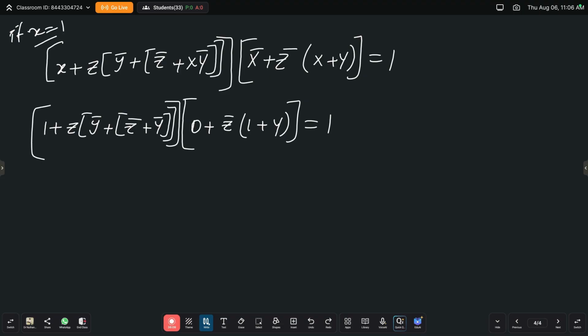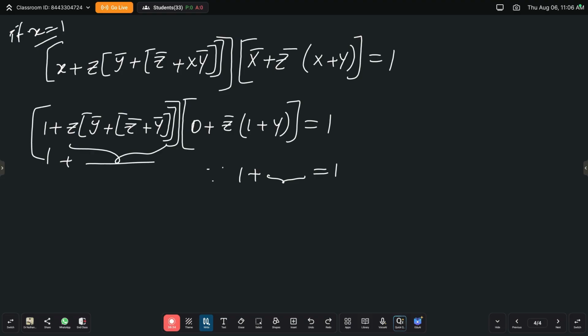As per Boolean logic, 1 plus anything is 1. Go with the identity rules. So if you look at this, 1 plus something will represent 1.